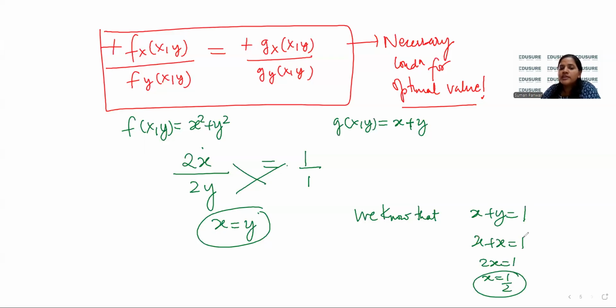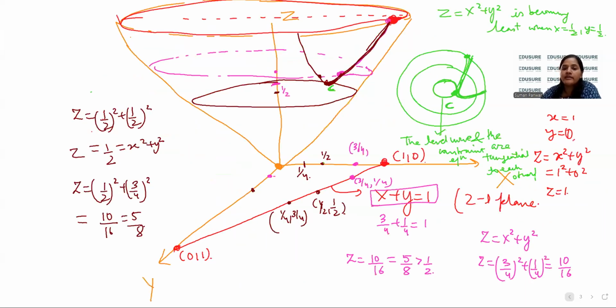So here the optimal value, now optimal value here means the minimum value, exists at x equals half. And we have already seen via this diagram what was actually happening. The curve was behaving like this. Corresponding to each point on this line x plus y equals 1, there was a particular z value on this surface.